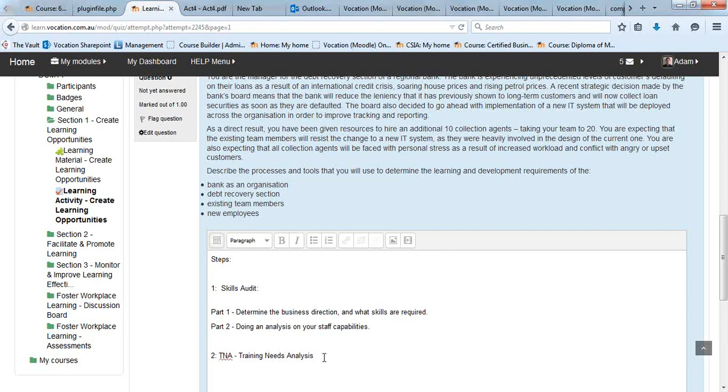So I would then refine my skills audit to reflect the specific needs of each department itself. And then in my last step, I would look at a training needs analysis, which would look at what training needs I have to implement to be able to fill those skill gaps.